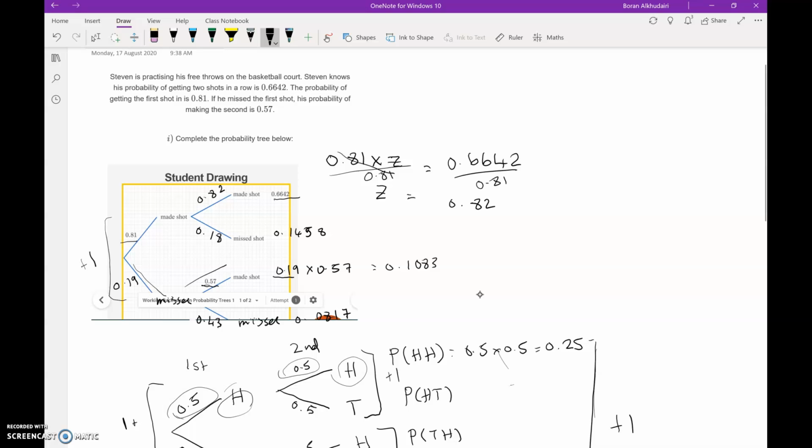We can check if this is all correct by adding it all up. 0.6642 plus 0.1458 plus 0.1083 plus 0.0817 should all equal exactly 1. Alright, so we filled out the probability tree.